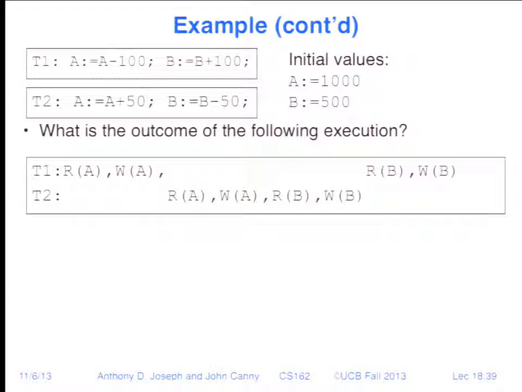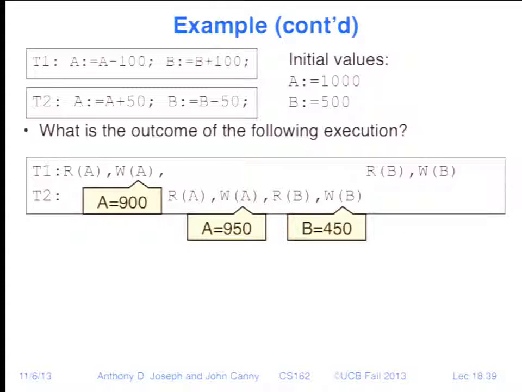All right, what about this execution here? Let's trace it through. So we updated A first. We incremented A. Then we read A and incremented it with the $50 as part of the second transaction. We decremented B by the same amount. And finally, we incremented B at the end of the first transaction.